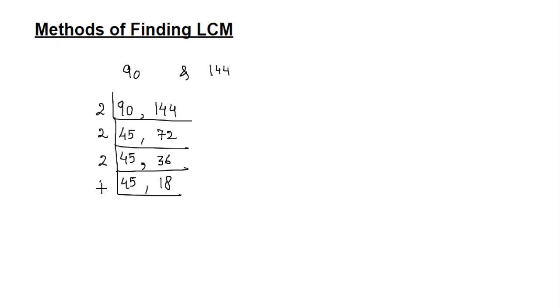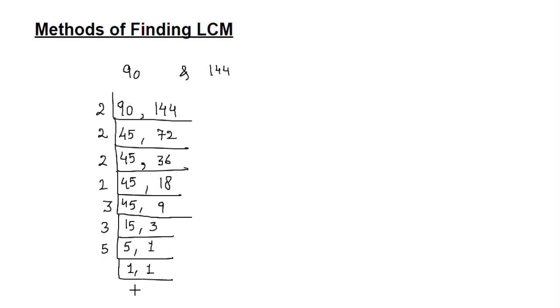We keep doing it until 2 can no longer be taken. The next will be 3, so it will be 15 here and 3 here, then again 3 can be taken, so 5 and 1 here, and in the last 5 can be taken, so 1 and 1 here. I hope you understood this method.